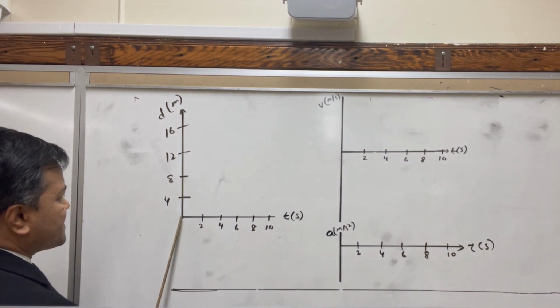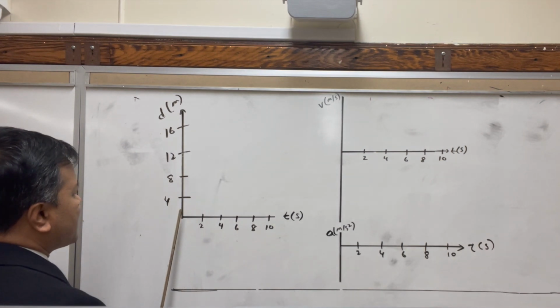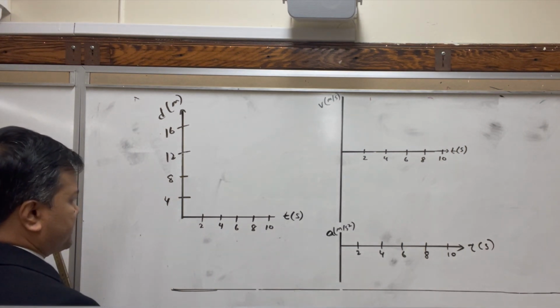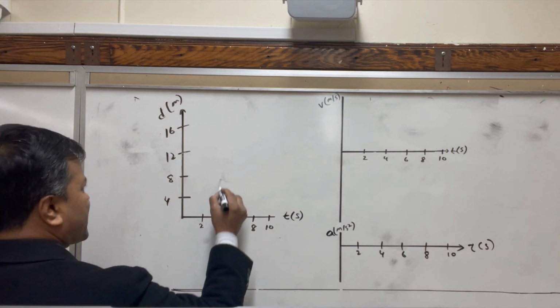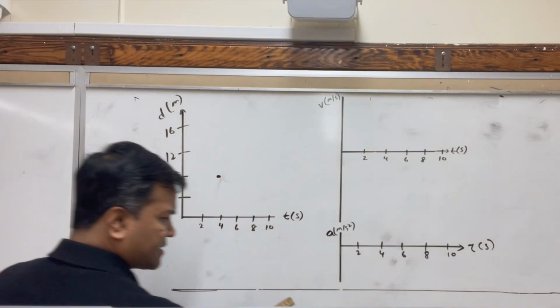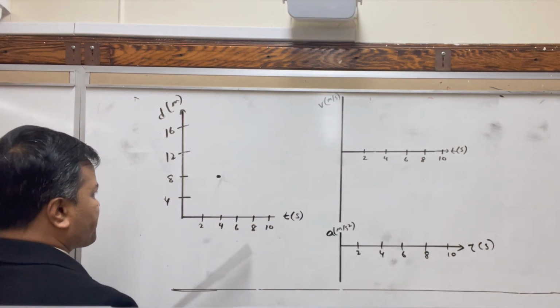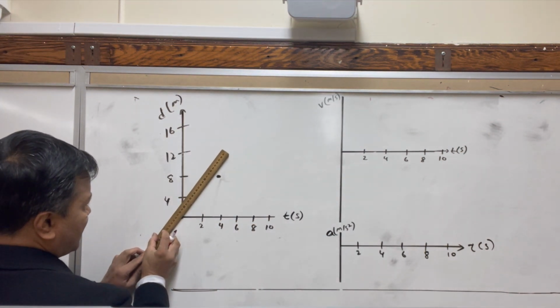From 0 to 4 seconds, the object moves from 0 meters to 8 meters. The object spends 4 seconds to move 8 meters. So let's draw this as a diagonal line.